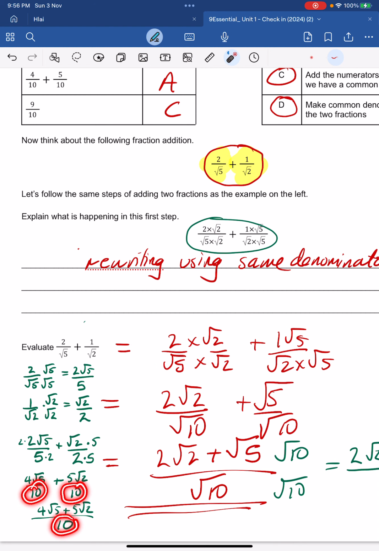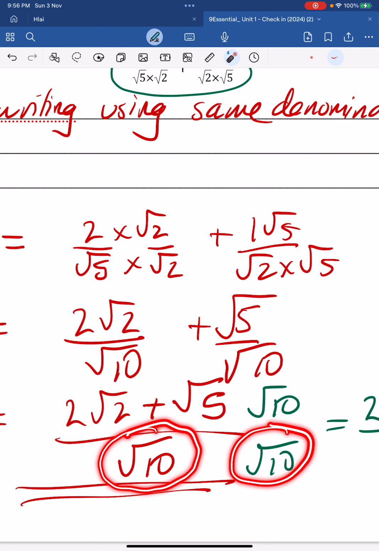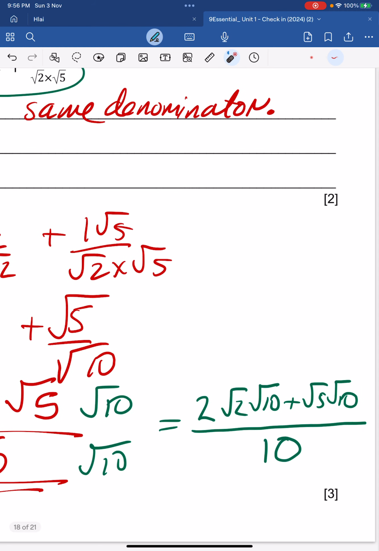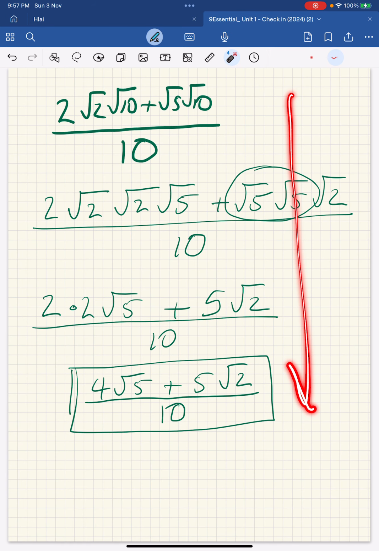It's a lot easier. If we just employ the algorithm of adding fractions by multiplying denominators together, we get an answer which has a surd in the denominator, and then when we try and rationalize the final answer, we have to do another few pages of work just to get to the same final answer. Okay, so that's a really interesting question.